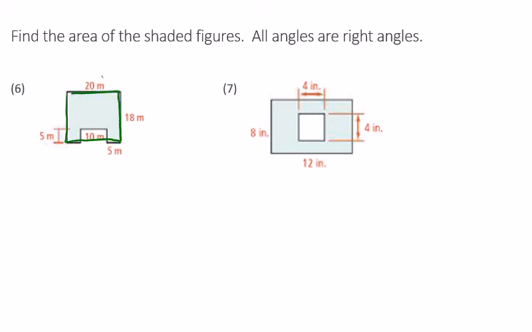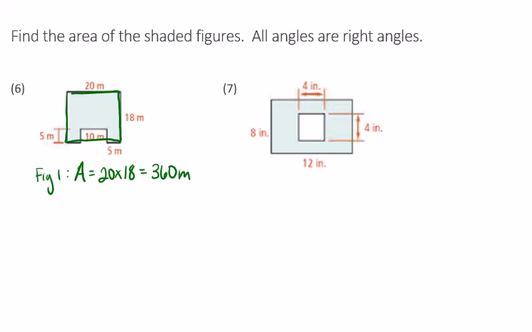It kind of looks like a square, but it's not, because all the sides are not the same. But I'm going to find the area by doing base times height. So figure 1, the area would be 20 times 18, which would be 360 meters.